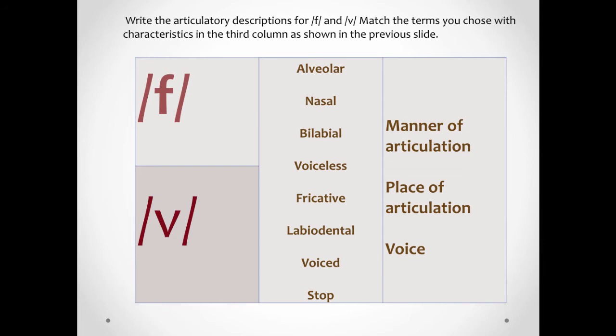What about the next characteristic? Manner of articulation. In terms of manner of articulation, we can say that it is not nasal because you close your nostrils and you can still pronounce it. And it is not a stop because the air actually doesn't stop. When the air doesn't stop and it can continue, you call that kind of sound a fricative.